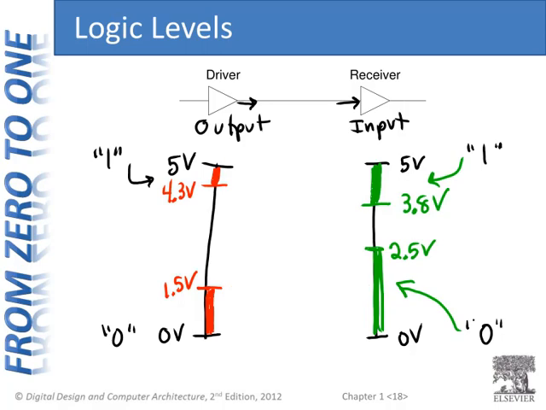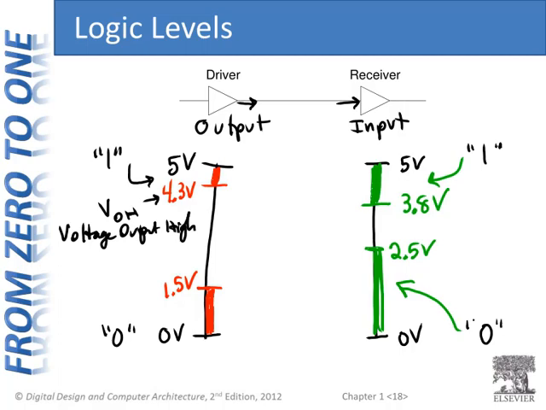So these values, let's give them some terms. This worst case output value, this 4.3 volts, is the voltage output high, the VOH, the worst case output high voltage.